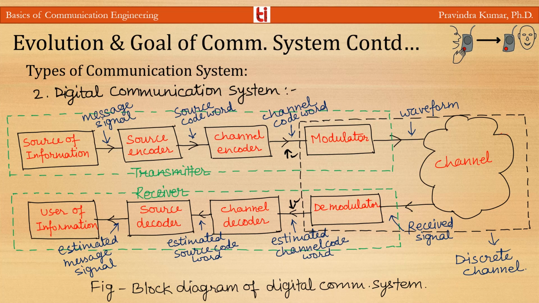So the combination of modulator, demodulator, and the channel is also known as the discrete channel. In traditional systems, the modulation and encoding are performed separately, but this increases the bandwidth requirement. So in some applications, these two operations are performed simultaneously.